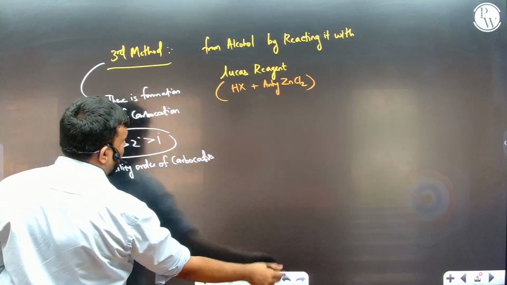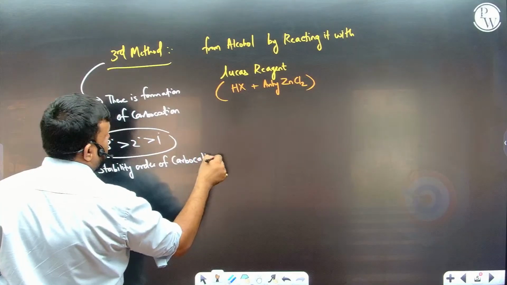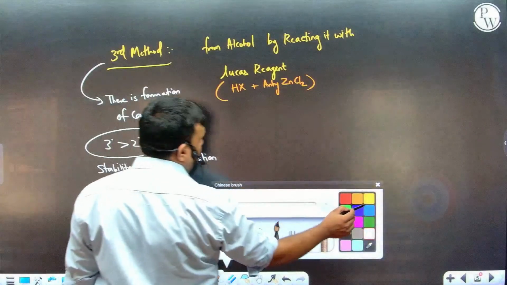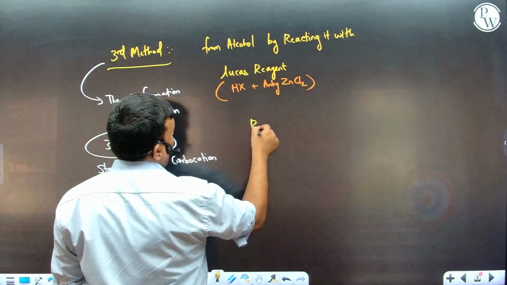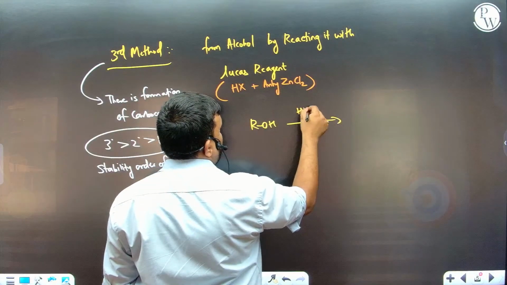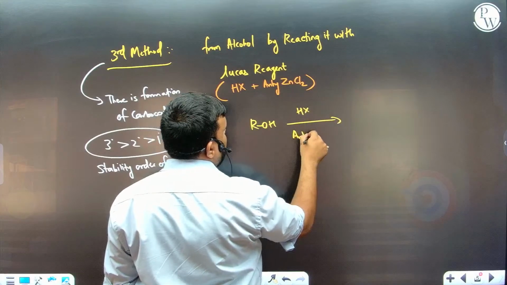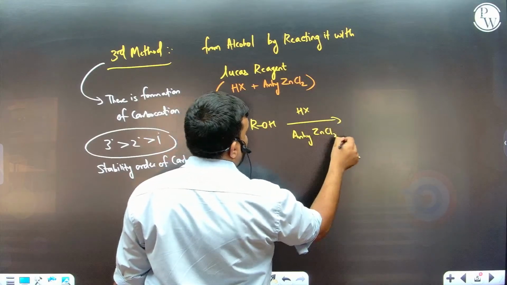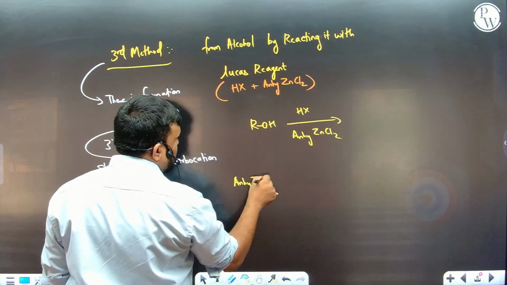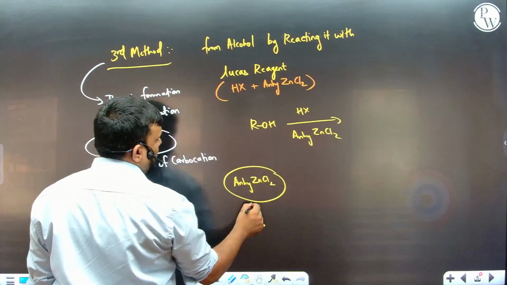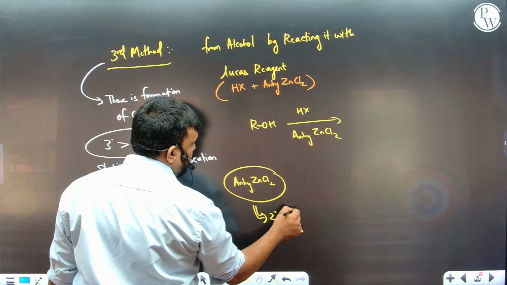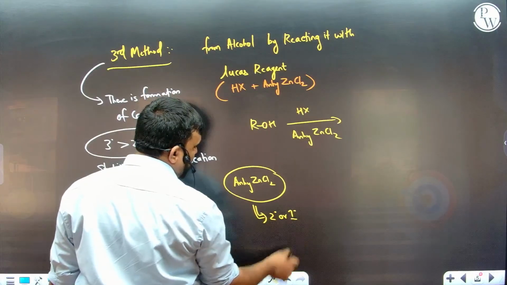That's why, over here, this is also a test for 1 degree, 2 degree and 3 degree alcohols. If you react alcohol with HX in presence of anhydrous ZnCl2, mainly this anhydrous ZnCl2 is required only in case of 2 degree or 1 degree, not in case of 3 degree.